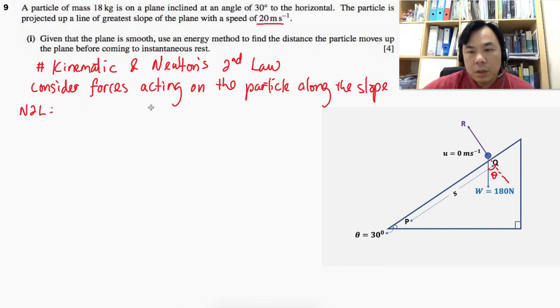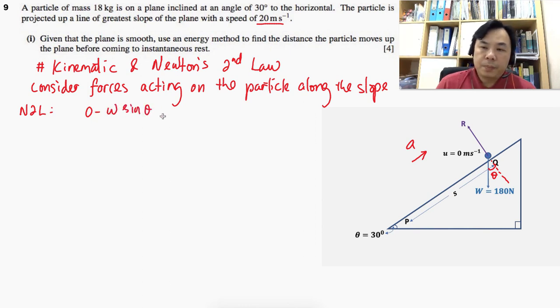Okay. In this case, because the motion is going up, we are saying the acceleration is going up here. So therefore, 0 subtract the W sine 30. That should yield the acceleration.